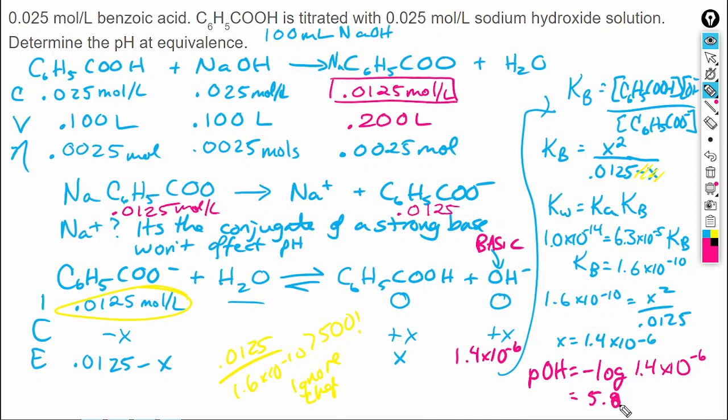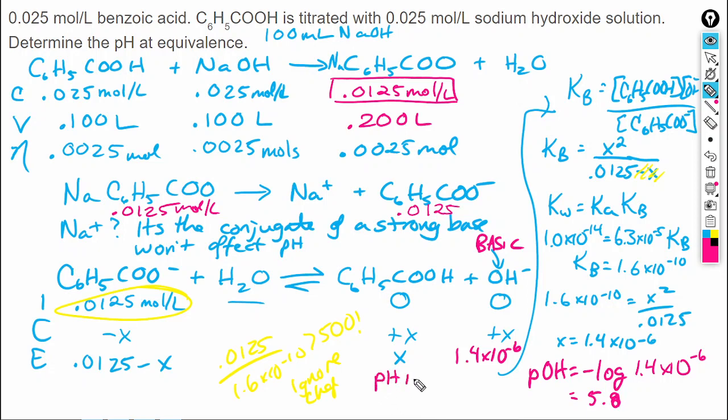I got 5.8. It's the negative log of the hydroxide concentration. And what do we know about pH plus pOH?